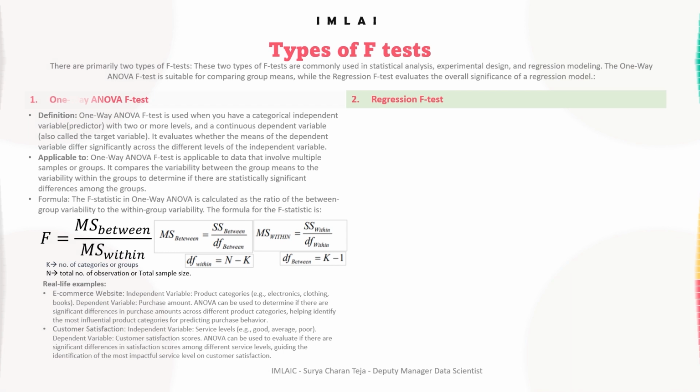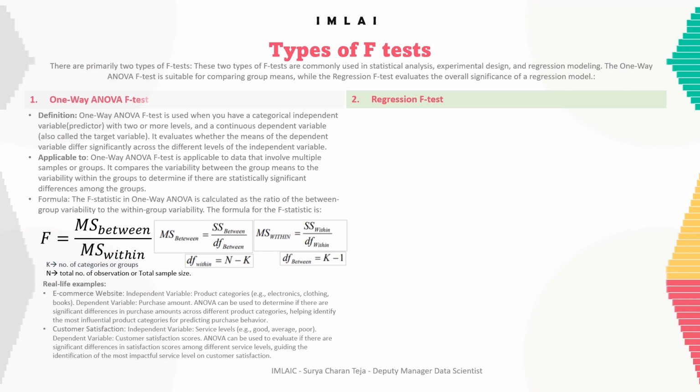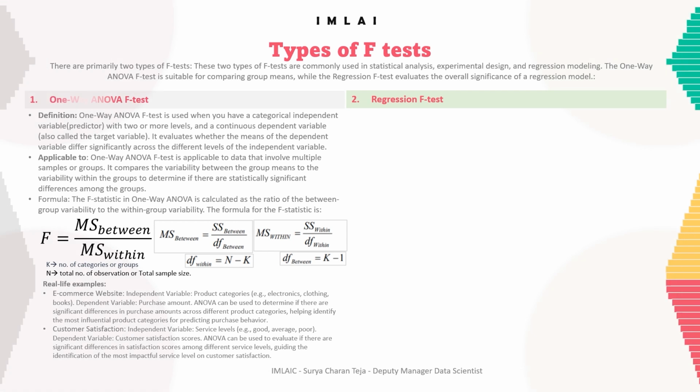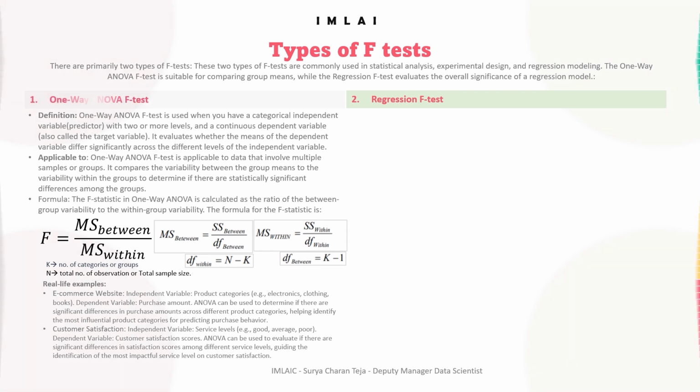Regression F test is applicable when you have a continuous dependent variable and multiple independent variables, or we call them predictors. Okay, let's get into that later. We also call regression F test the overall F test.